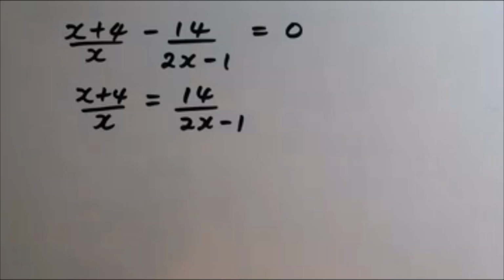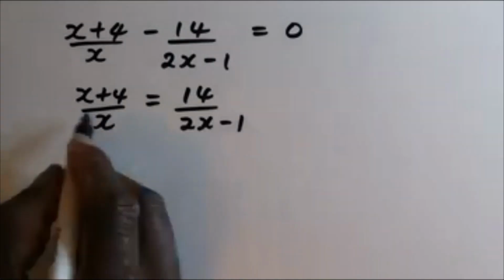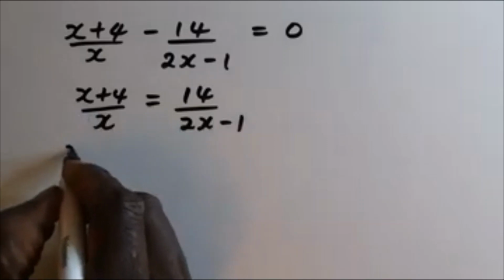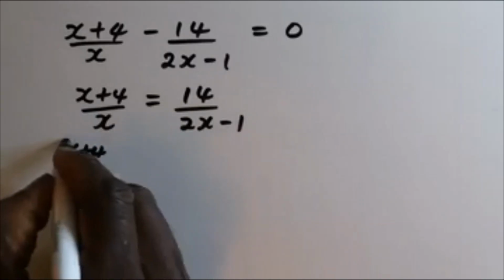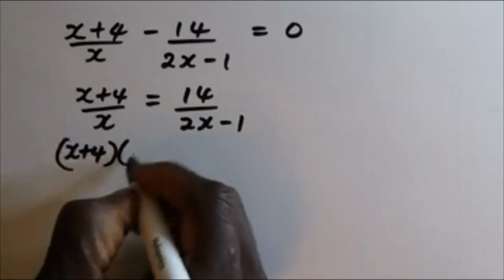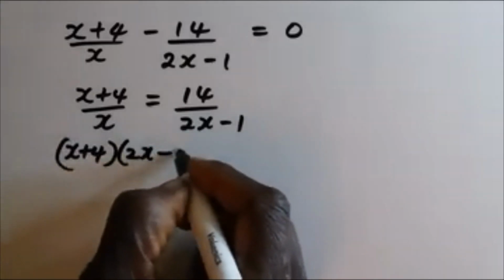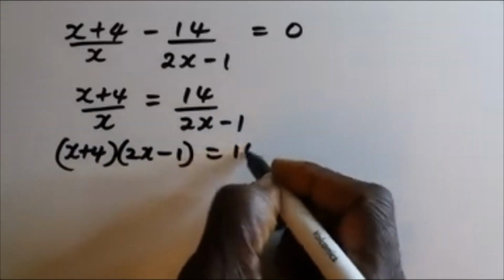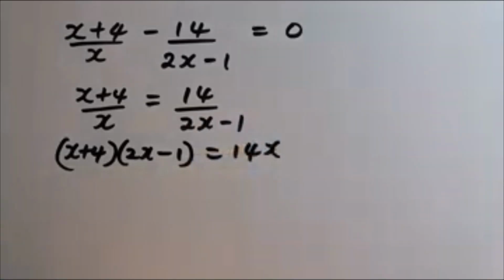And we'll cross multiply, simplify, and then solve this. So we cross multiply here, we have x add 4 times 2x minus 1, that's equal to 14x.